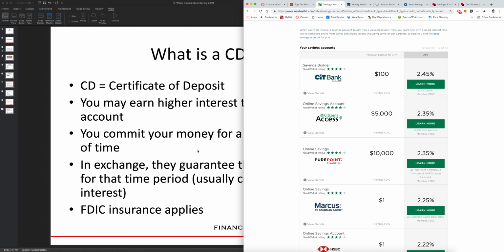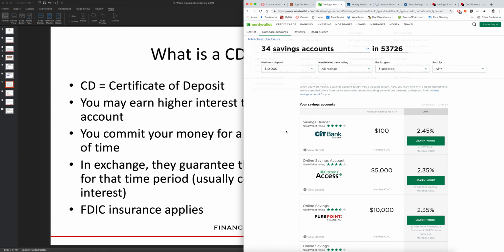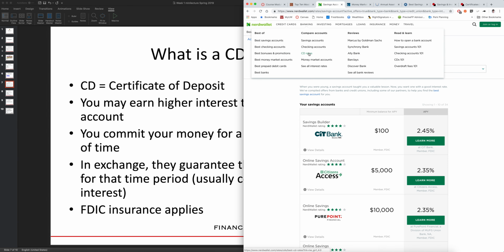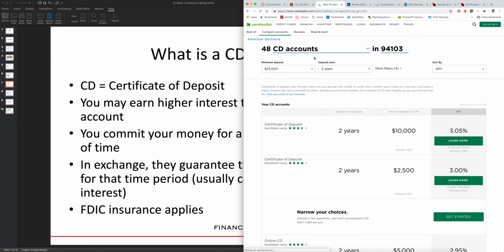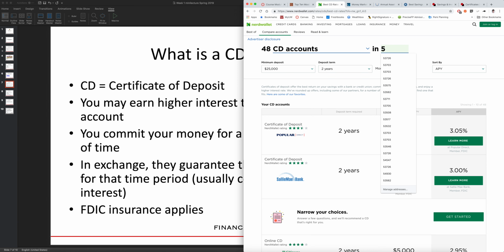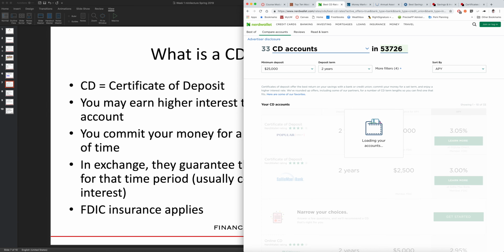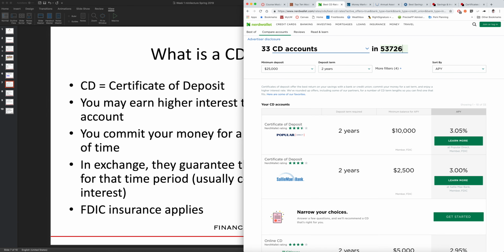But with a CD, let's just pull up CDs for a moment. Let's see here, banking, CD rates. Ultimately today's assignment is going to be about UW Credit Union CDs. But let's start. Why do they always put me back in California? Let's see what they give us for CD rates.